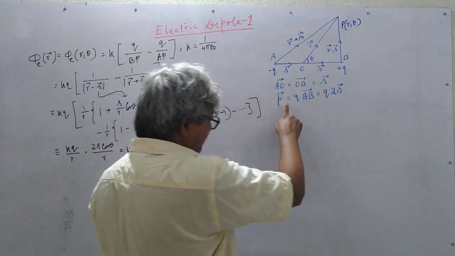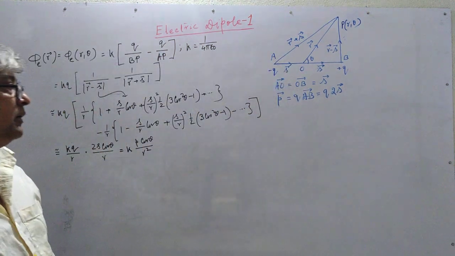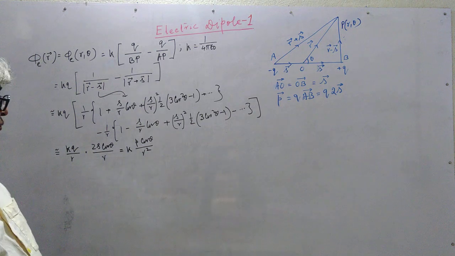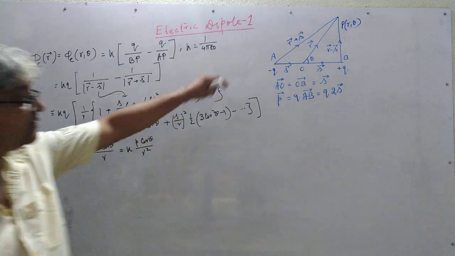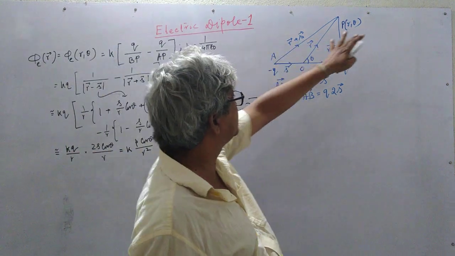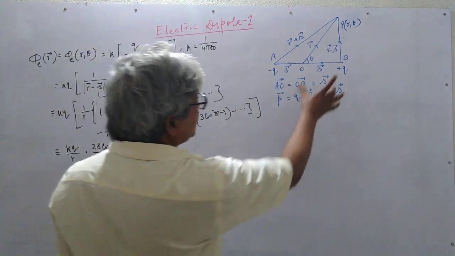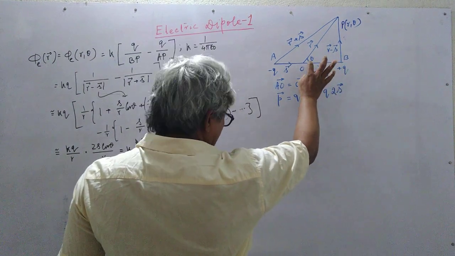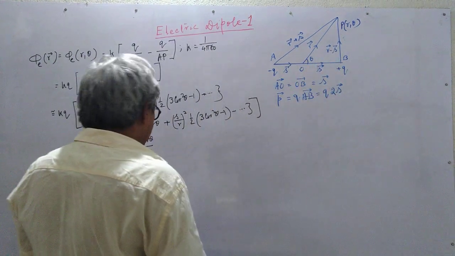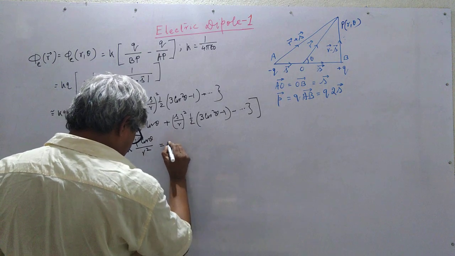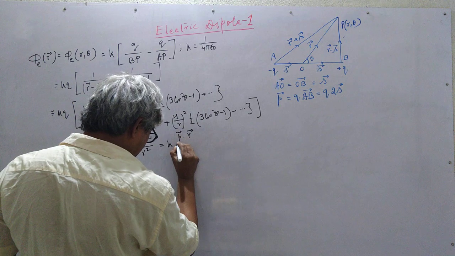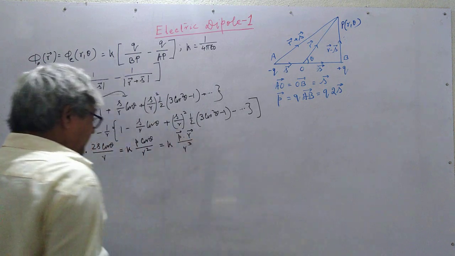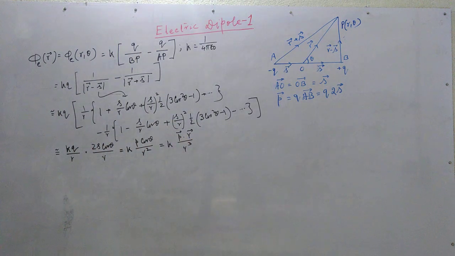It is legitimate to define the quantity p, the dipole moment, and the dipole moment vector is by convention directed from the negative charge to the positive charge. In that sense, cos theta is the angle between p and r. Keeping this in mind, we can write it as k p dot r upon r cube as the potential at point P due to a dipole.